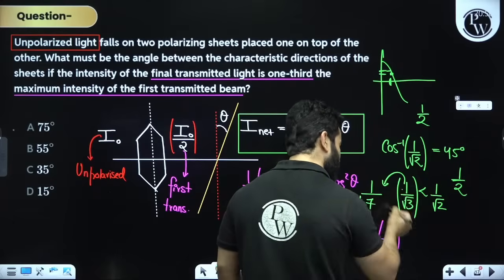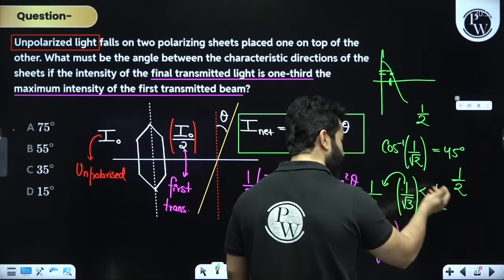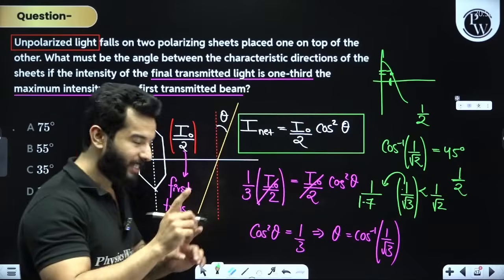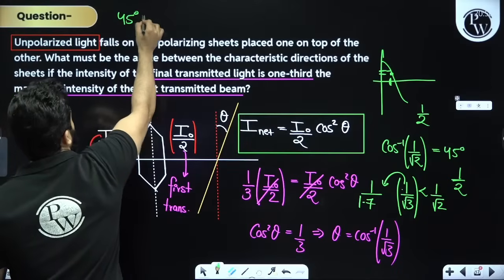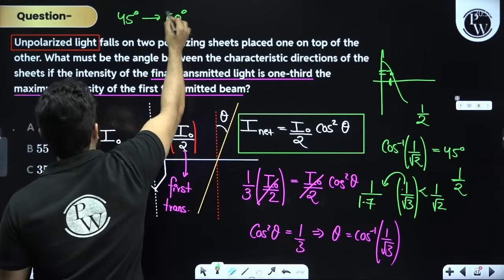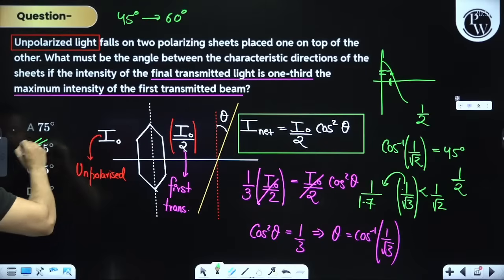That means 1 by root 3 is smaller than 1 by 2. That means this angle will be between 45 degree and 60 degree. And the answer is going to be 55 degree.